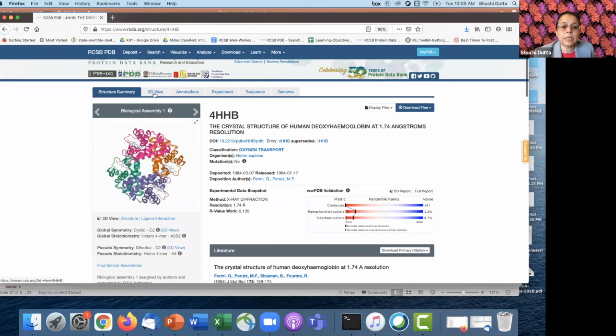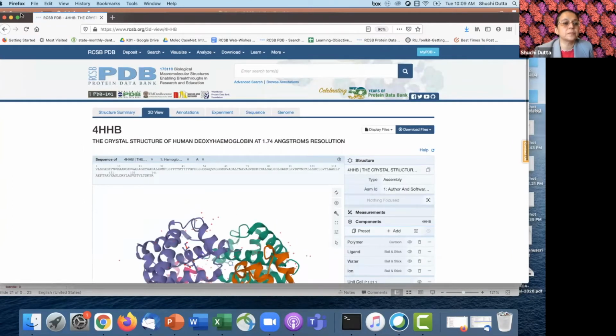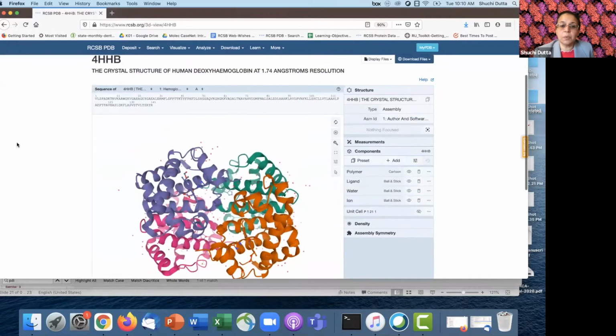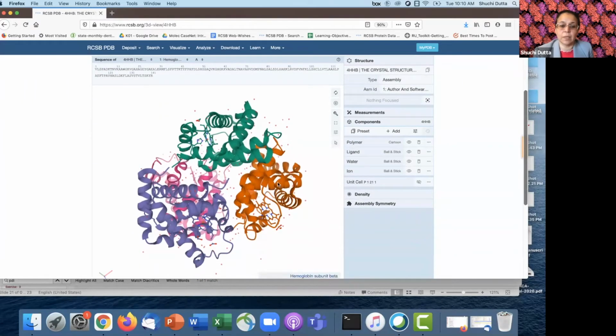And just clicking on this 3D view will open the MolStar page. So in the MolStar page, this is your 3D canvas. You can move the molecule here and navigate and click, and we'll look at that in a moment.